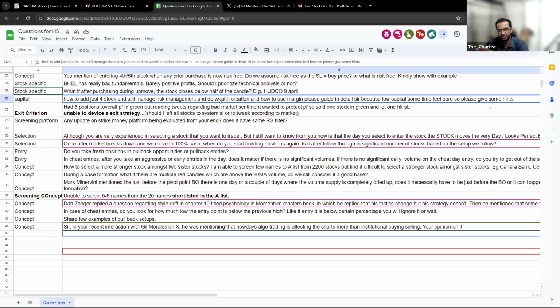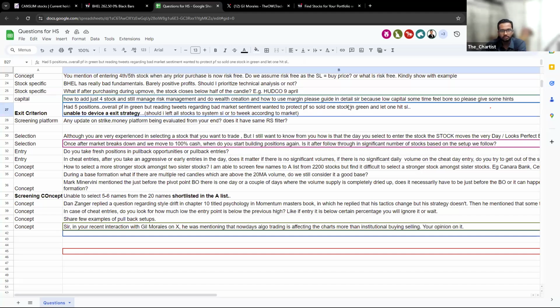Once you see the market is now good, you become aggressive and increase your position size. Margin you can use if you have doubled your portfolio at least twice. Only then please take margin, because it's a very difficult game.